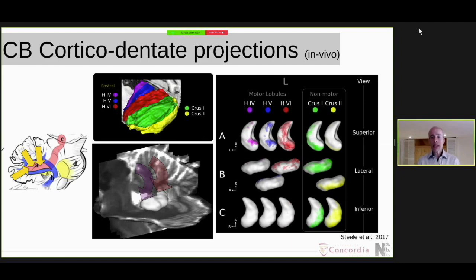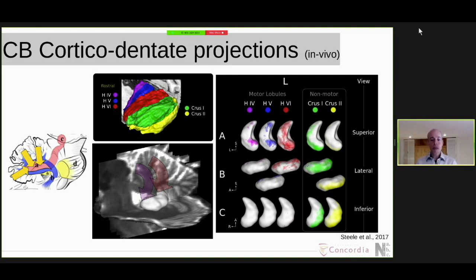When we did that, we identified that these motor lobules projected primarily to the superior surface of the dentate nucleus, and the non-motor lobules primarily to the lateral and slightly inferior surface of the dentate nucleus. What's interesting here is lobule 6 and CRUS1 have a fair amount of overlap, particularly on the lateral portion.